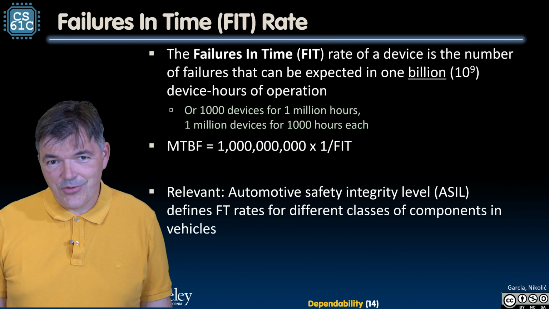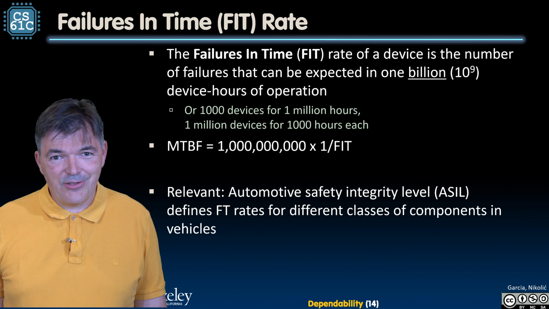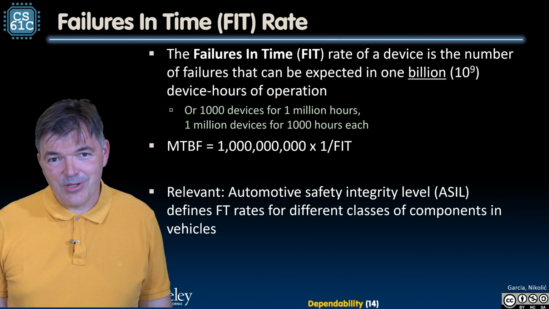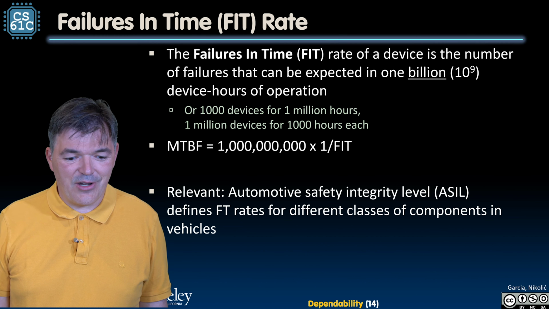And that sounds about right. I mean, if you are looking at the whole world, I think the failure rate of cell phones out there is probably greater. There is more than one cell phone that fails per hour.